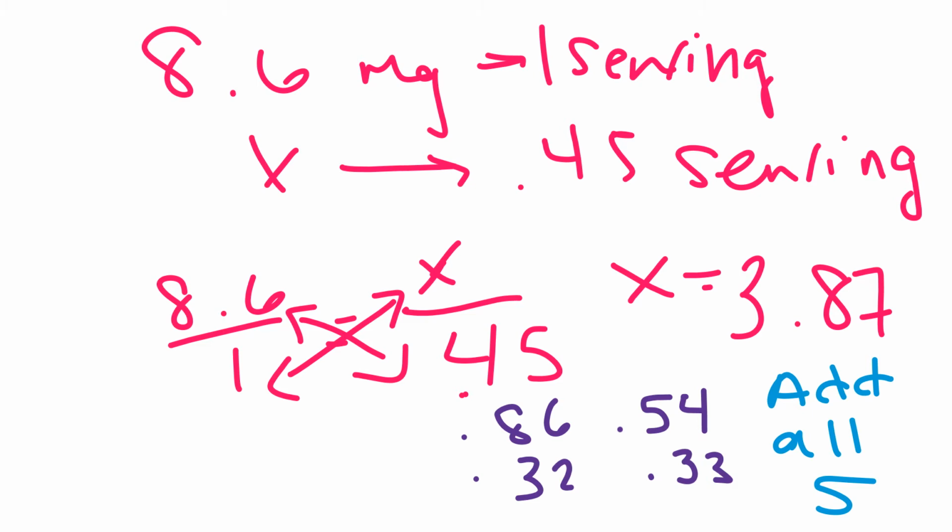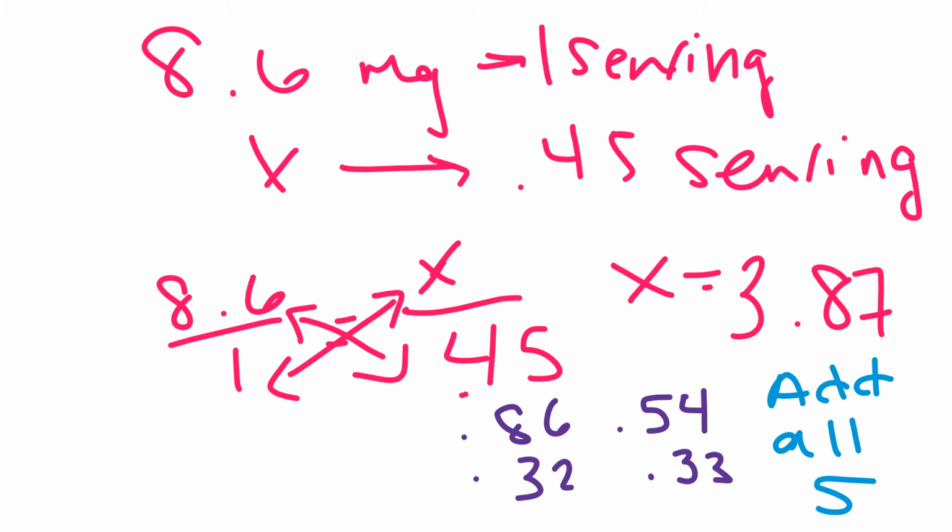So I just put 8.6 over 1, or 8.6 milligrams over one serving, is equal to X over 0.5 servings. Typically, you will do 8.6 times 0.45 is equal to X times 1, or just X. And that gave me X equals 3.87.